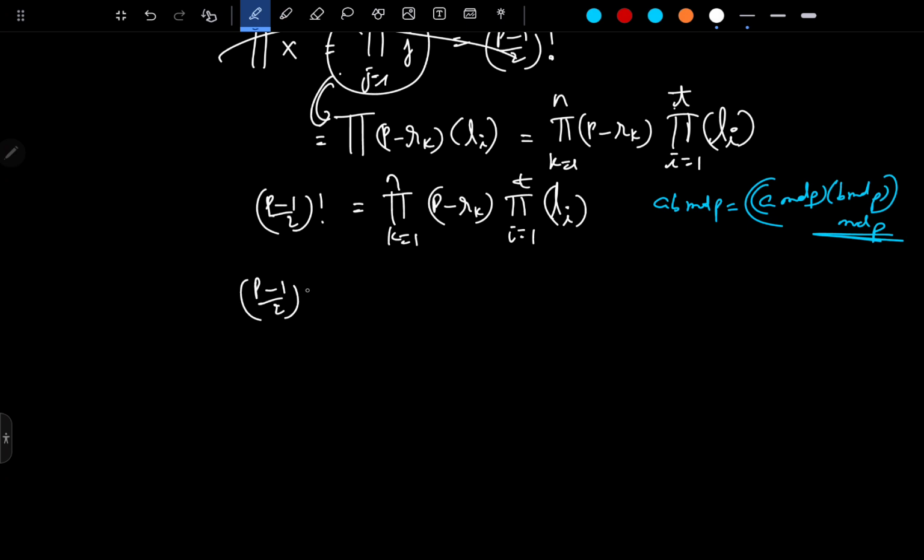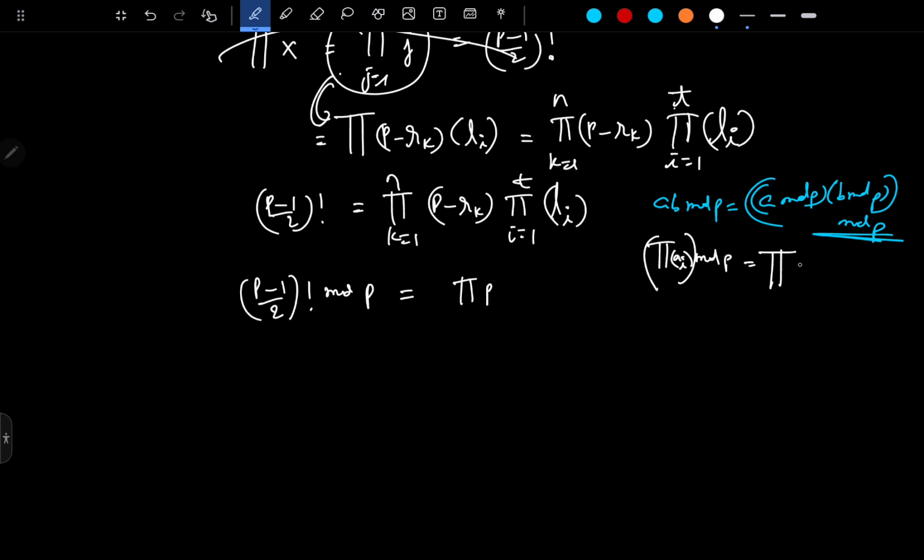So what will happen? Mod P is equal to, because of this I can write like this, pi of P minus rk. Pi of a mod P, let's say ai is equal to this.